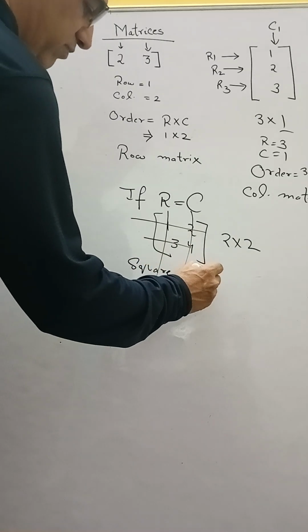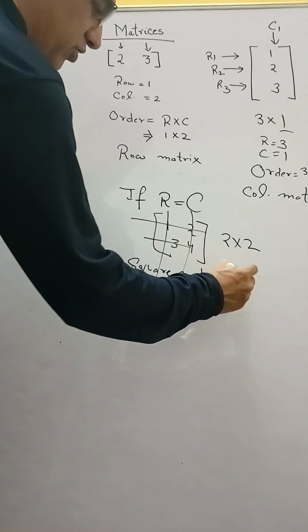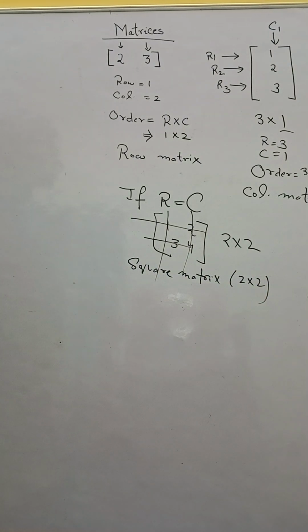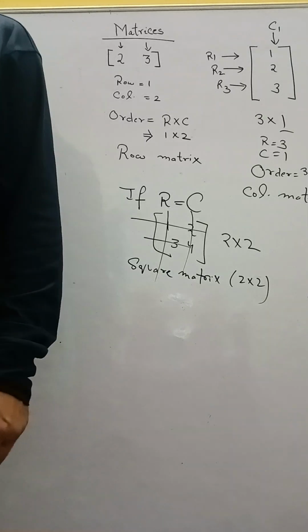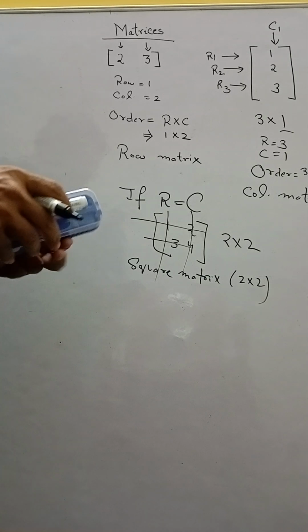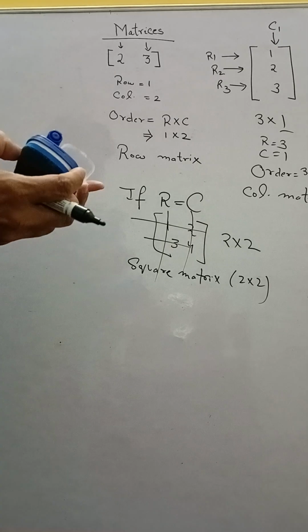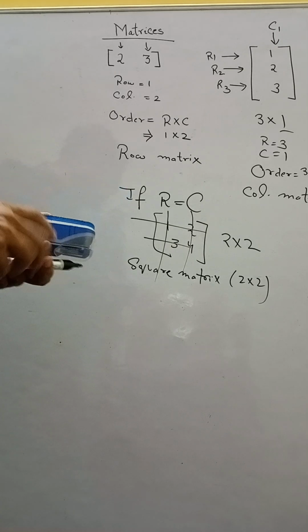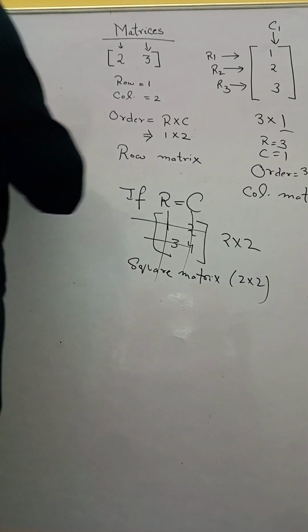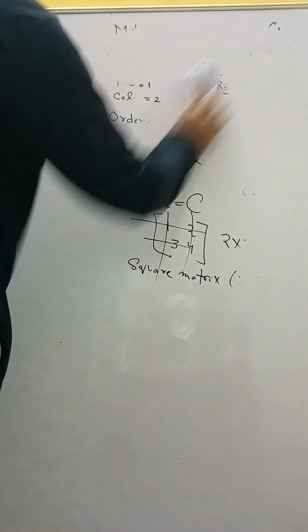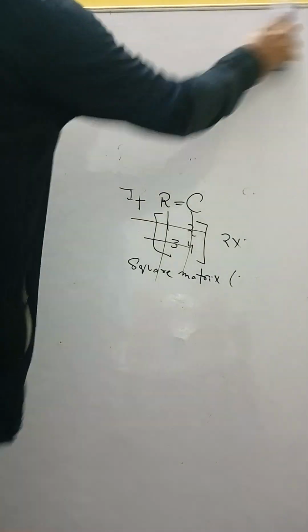So this is a square matrix of the order 2 by 2. Same way you can have 3 rows, 3 columns. It will be a 3 by 3 matrix. If the rows and columns are equal, the matrix will be square matrix, and if not, it will be a rectangular matrix. Let us now go ahead with the chapter.